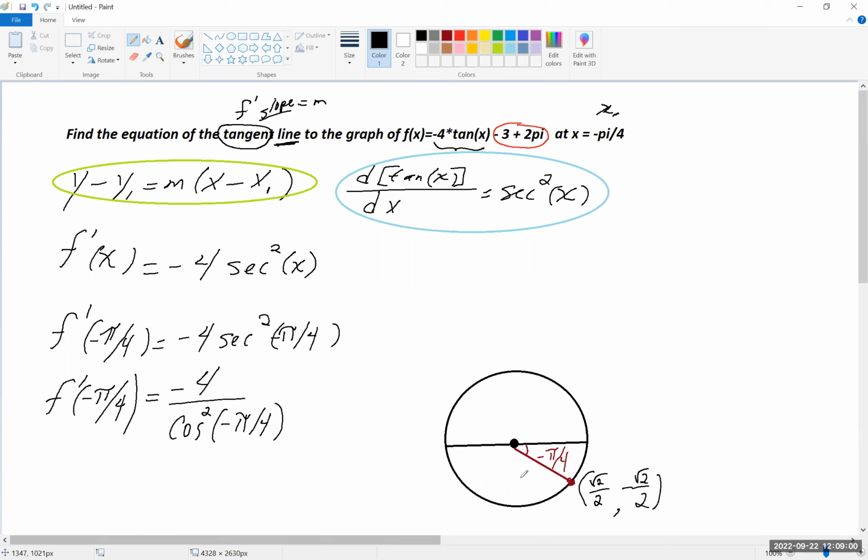And so because we're looking at cosine, then it's the x coordinate that I need.